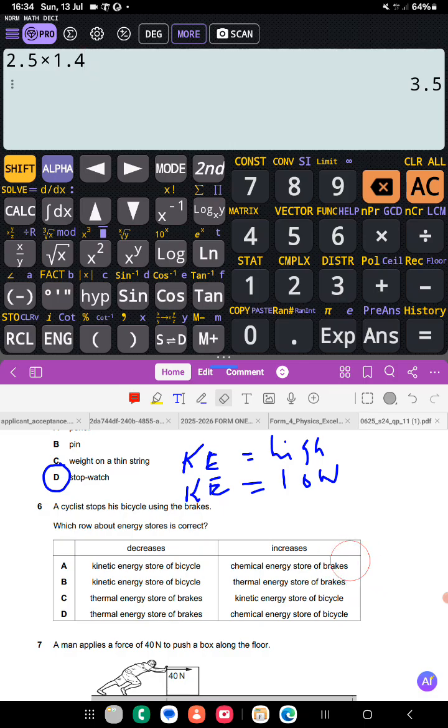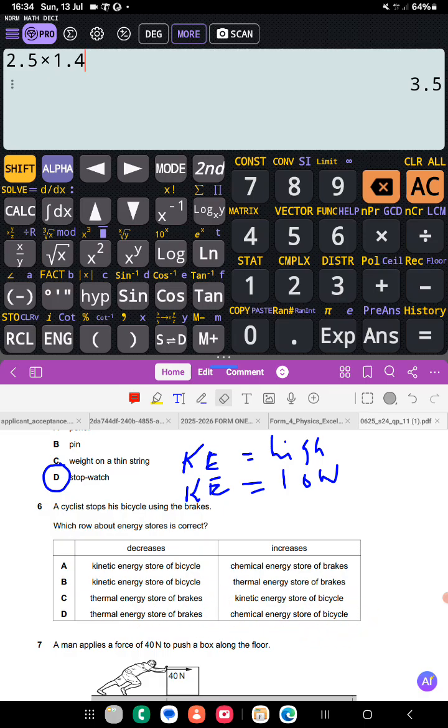B, the kinetic energy store of the bicycle decreases, yes, and the thermal energy store of the brakes increases. C, the thermal energy store of the brakes decreases, and the kinetic energy store of the bicycle increases. D, the thermal energy store of the brakes decreases and the chemical energy store of the bicycle increases.